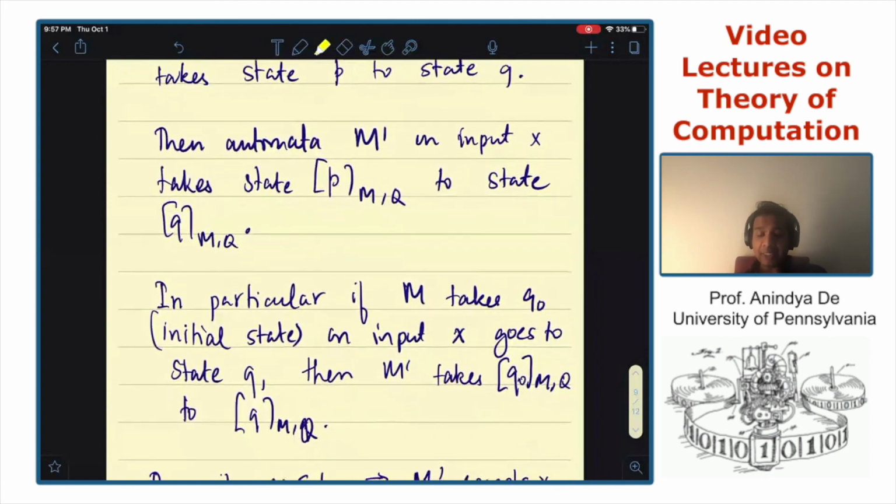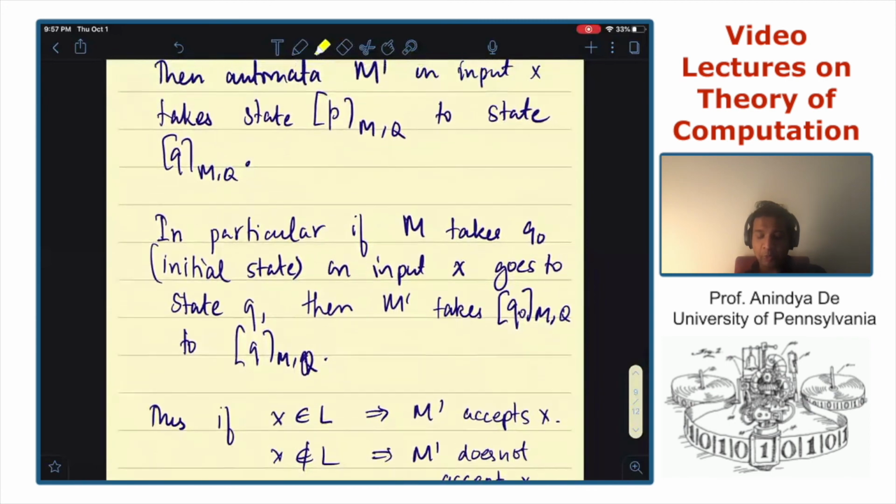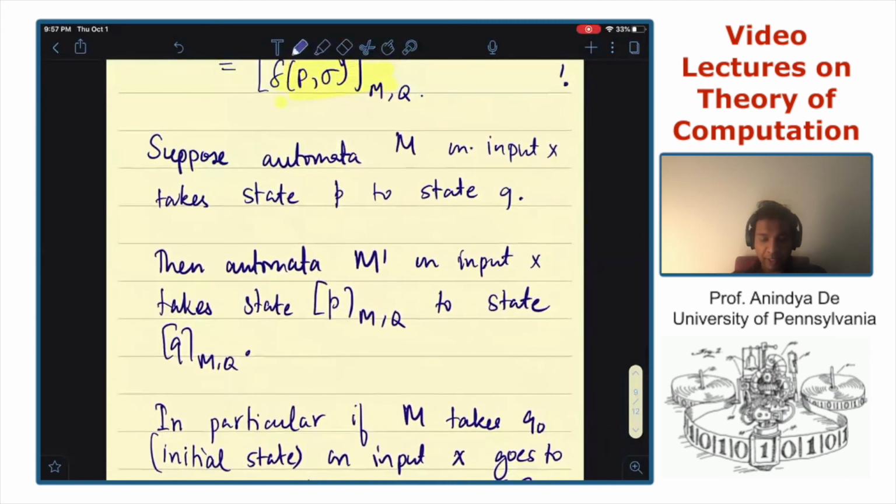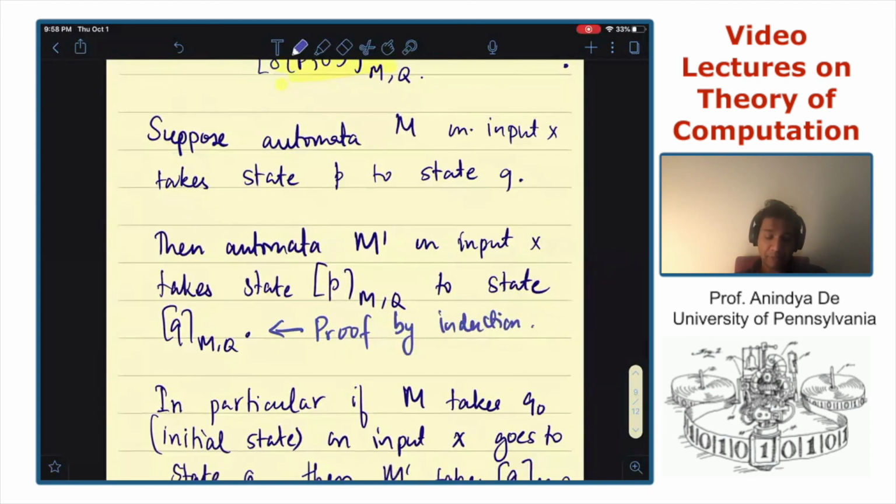This is just an easy proof by induction, basically similar to the proof by induction in the Myhill-Nerode theorem.